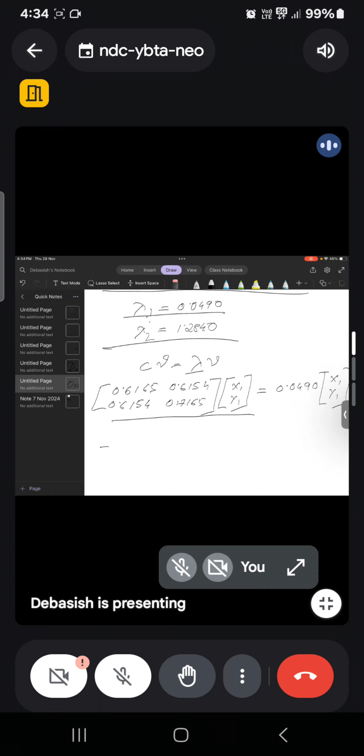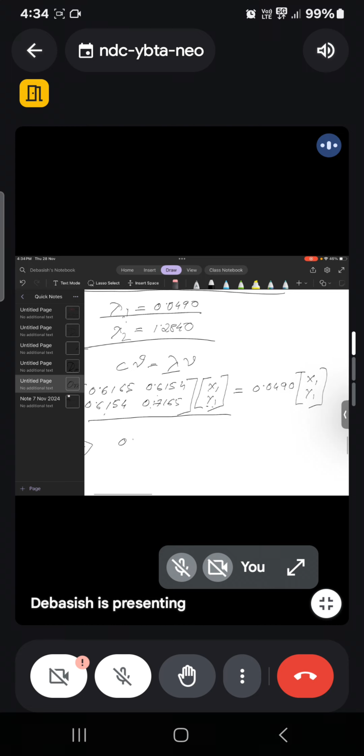Now just multiply this, and we will get two equations.